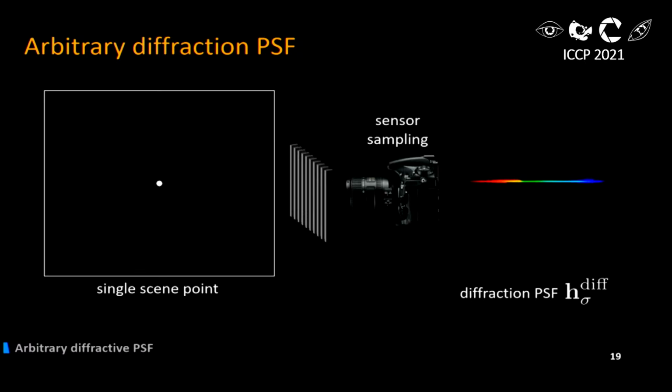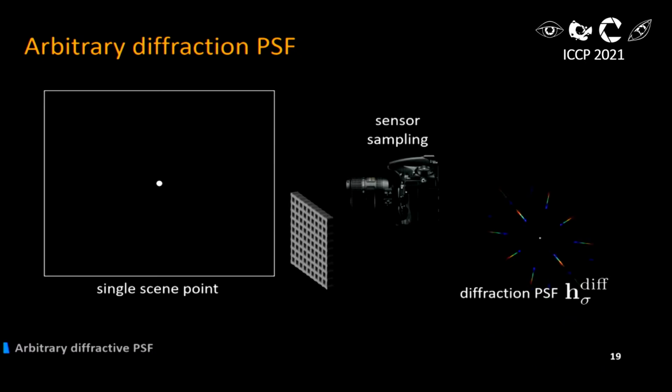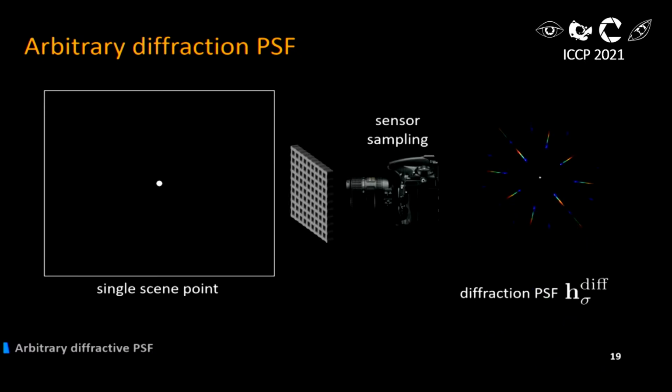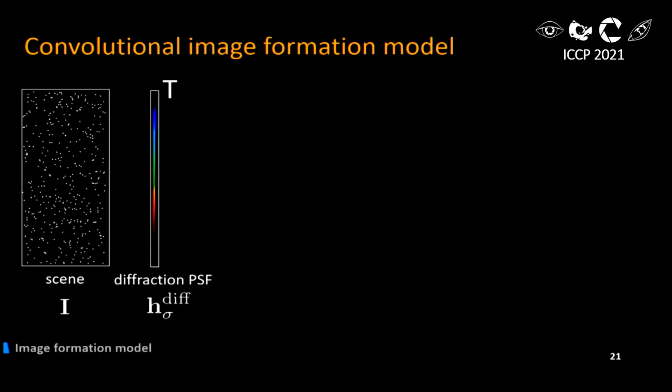A second degree of freedom of our new method is that it supports arbitrary diffraction point spread functions denoted by HDiff. So for example, instead of the single axis grating that creates a rainbow streak, we can now use a double axis grating whose point spread function looks like a star. Okay, so let's combine everything and define the image formation model of our imaging system.